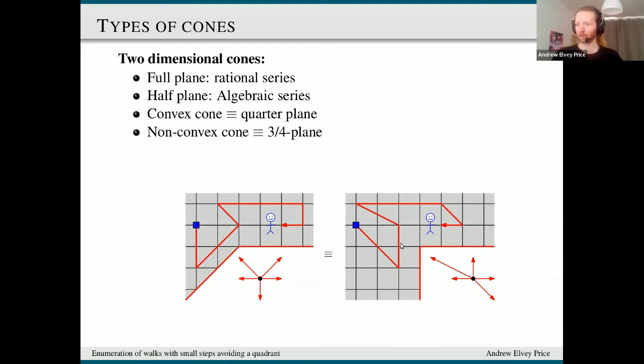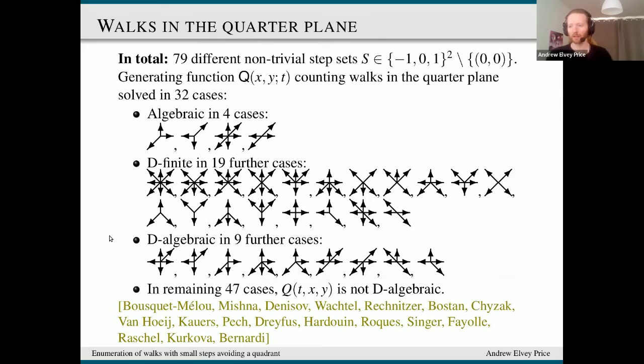Okay, so for the quarter plane case, the solutions are now very well understood. Mireille Bousquet-Mélou and Marni Mishna showed that there are 79 different non-trivial small step sets we could choose, if we only allow nearest neighbor and diagonal steps.